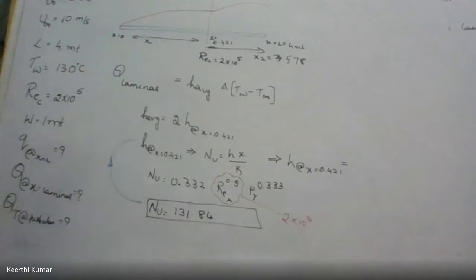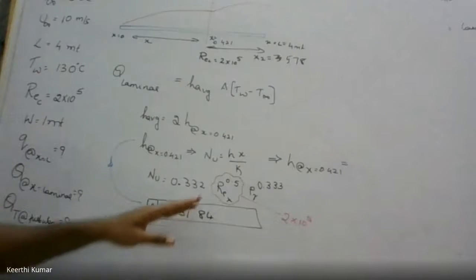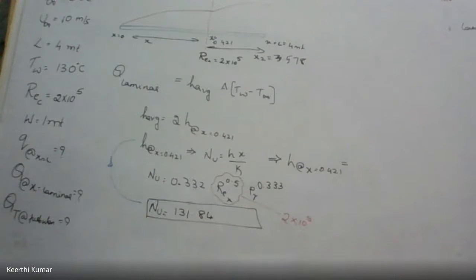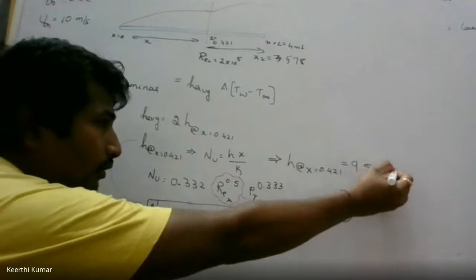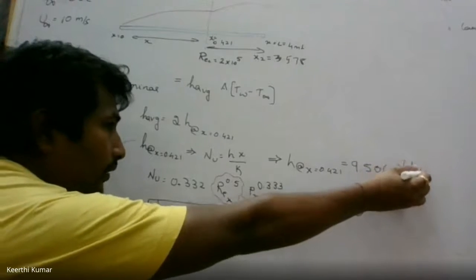That is 0.421. Nusselt number we got. Calculate h. So 9.506. Okay, we got 9.506 watts per meter square Kelvin.